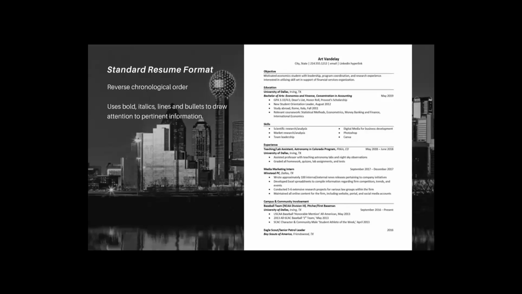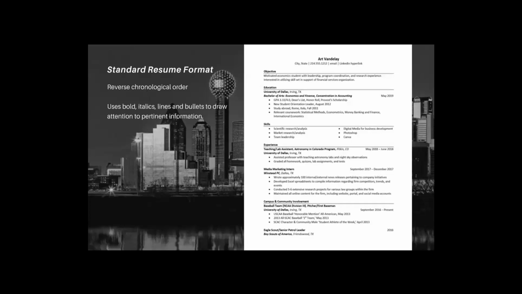You'll also notice that in this sample resume we used bold and italics, and we don't use underline in the text itself, but we use these lines here. We're going to show you how we did all this so you don't have to draw lines. We use the bullets, indenting, and we flush the dates on the right.